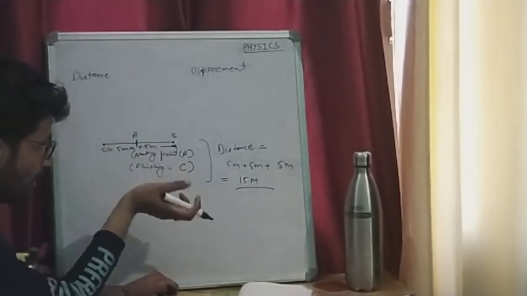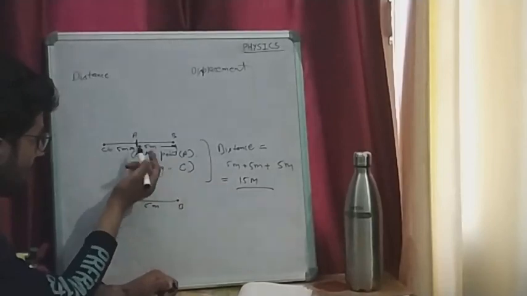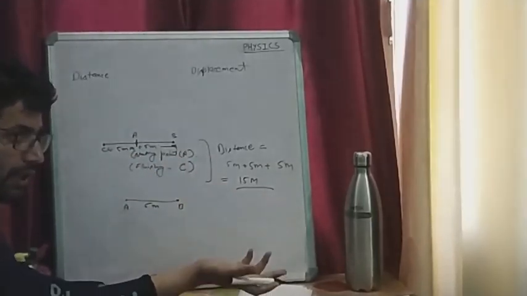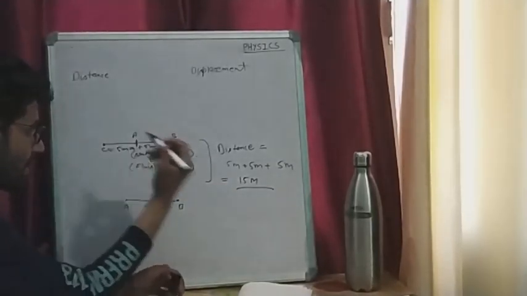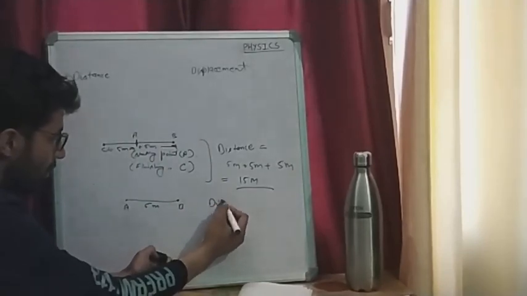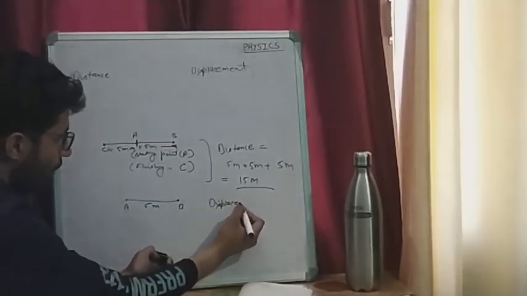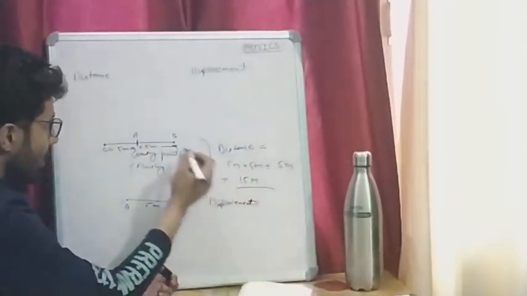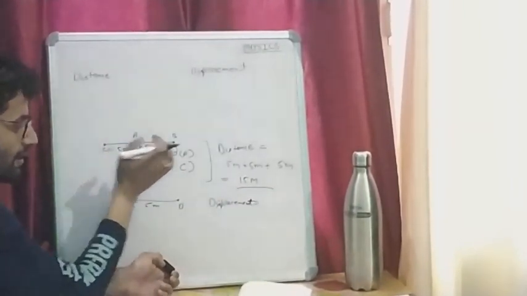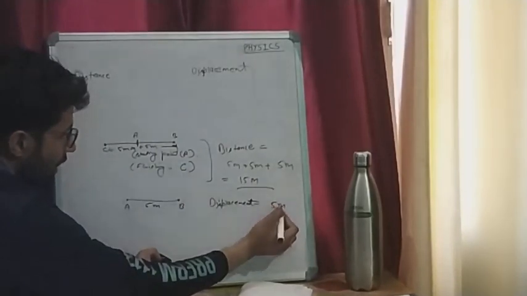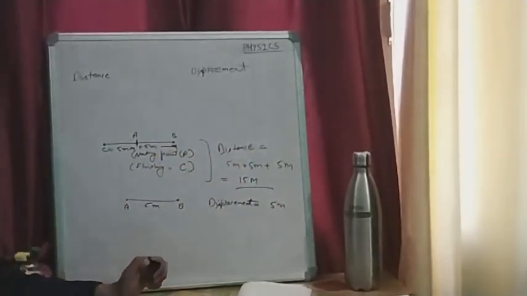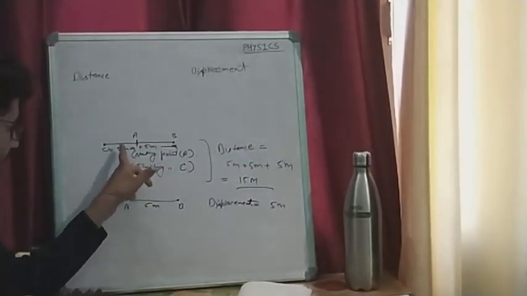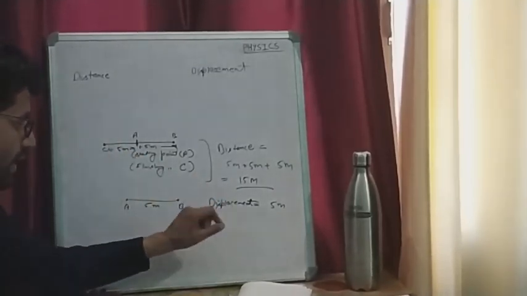So the minimum distance, the shortest distance between the initial point and the final point, is called displacement. Then in this case, what is the displacement? A to C. This is only 5 meter. But we should remember one thing, that this shortest distance of 5 meter is called displacement.